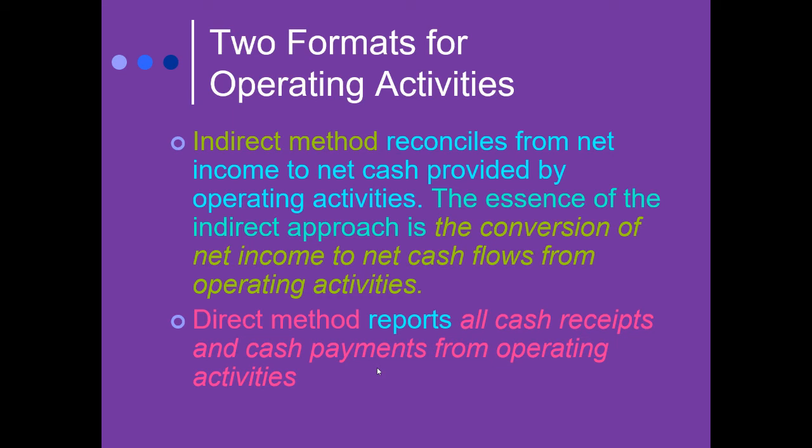Here in the direct method, it will involve calculation using formulas to determine the individual cash receipt of each activity. So for each reporting of cash receipts and cash payments, you will have to use a formula to determine the amount of cash that goes out and also comes in.